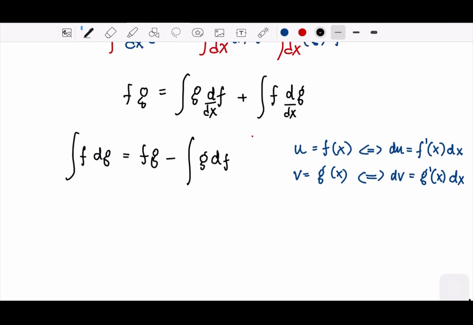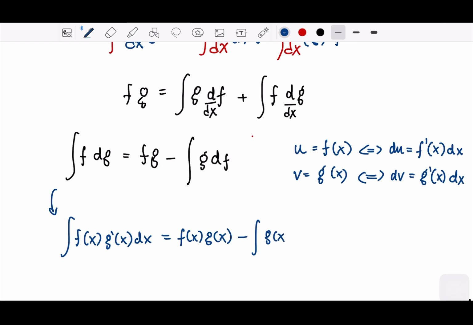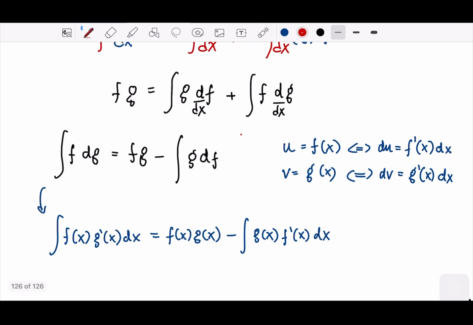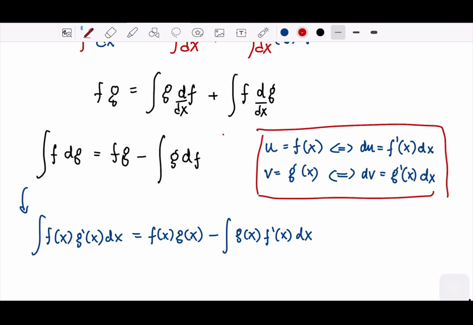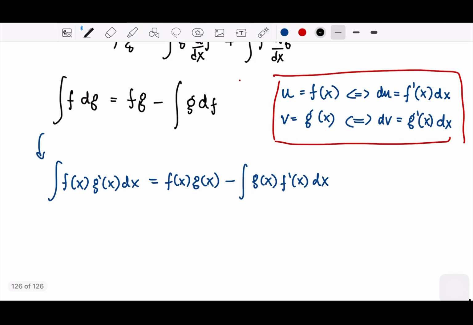Now we could write this as the integral of f of x times dg, which is g prime x dx, equals f of x times g of x, minus g of x times f prime x dx. Then let's change everything to u and v as we defined here. This way we are going to have the integral of u dv equals uv minus the integral of v du.